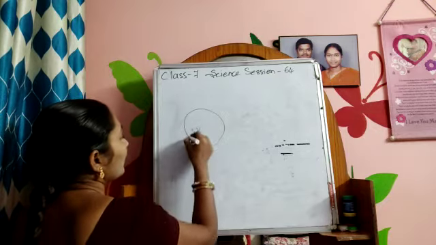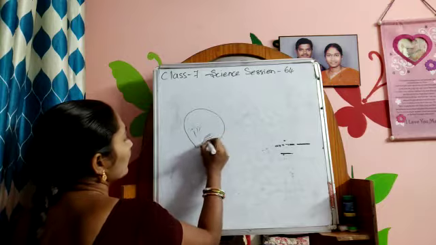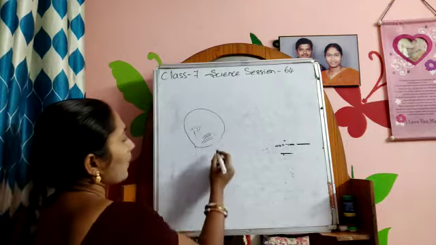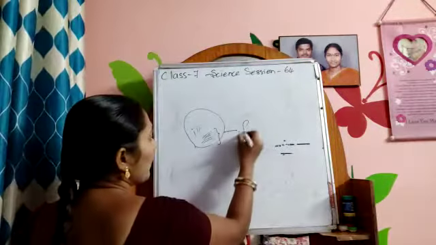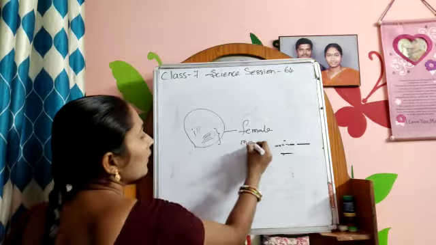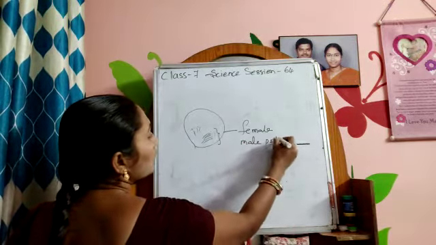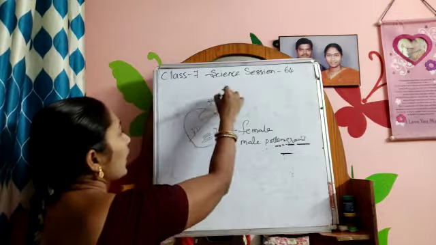We have covered them with a polythene bag, no? And here, for these 5, for the female flowers, we have applied the male pollen grains. And for these we have not applied.